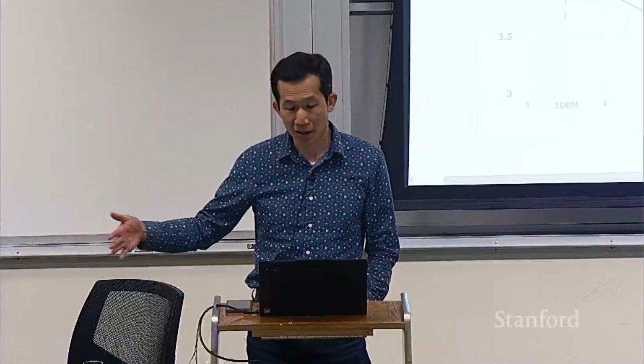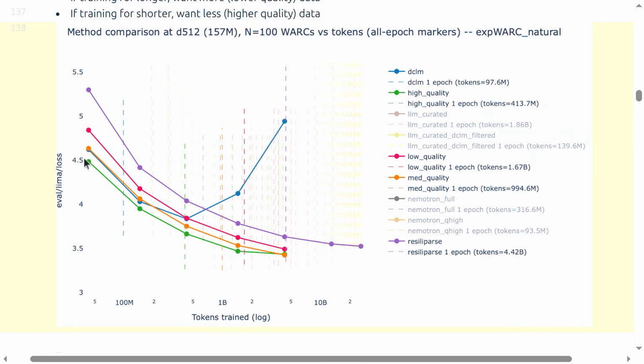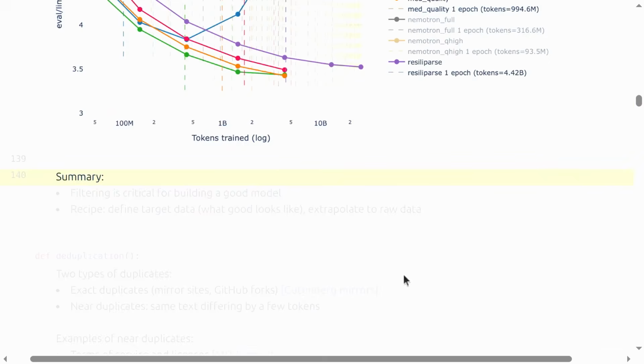Yeah, so the question is, if you were able to get higher quality data and you train for longer, would it still have diminishing returns? Every data set is going to have diminishing returns eventually, because it's finite. But it would probably be here. It would just be down here and just keep on going down. Okay, great. Let's move on.